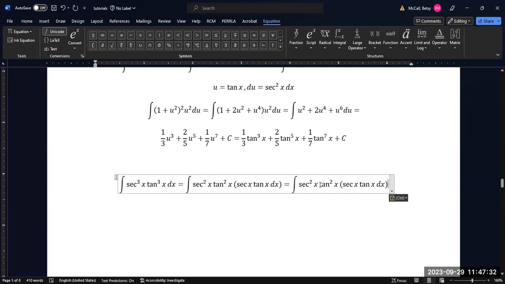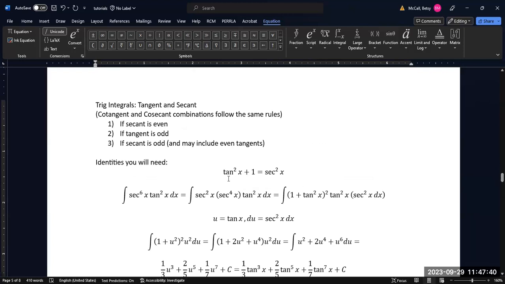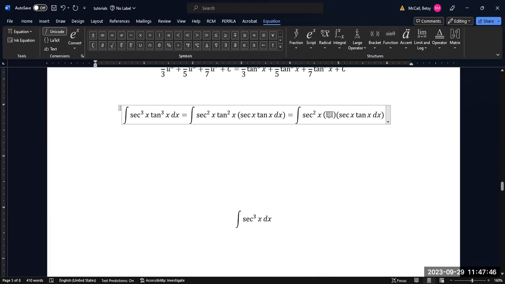Just to make my life a little easier, I'm going to take out my tangent, and I'm going to replace my tangent using my Pythagorean identity. So I'm going to solve this for tangent squared. I'm going to replace my tangent squared with secant squared minus 1.